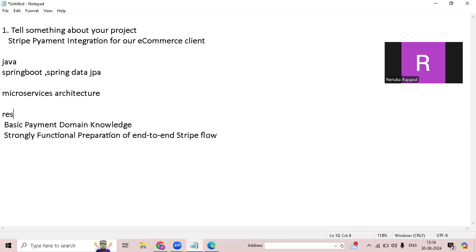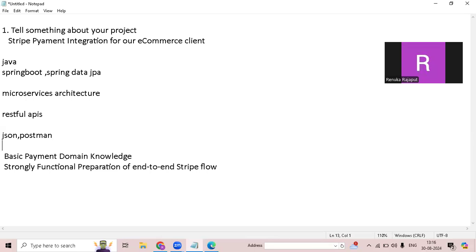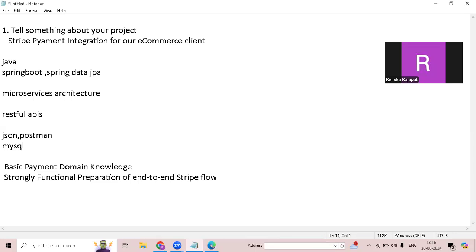And here we are using RESTful APIs, and also JSON and the Postman tool. JSON is JavaScript Object Notation. We send the data in the request to the API, and we make the call to the API using the Postman tool. And the database is MySQL. We are using a MySQL database here.